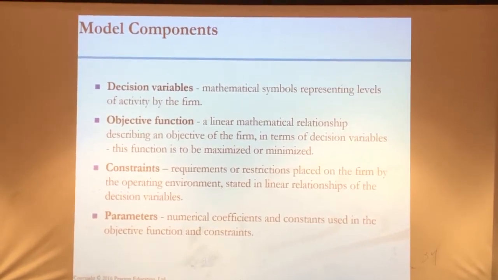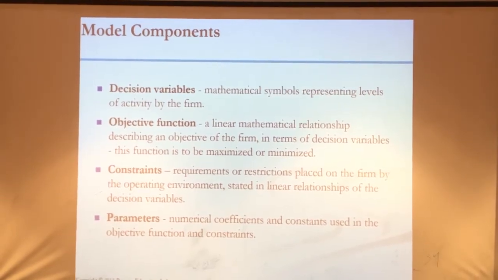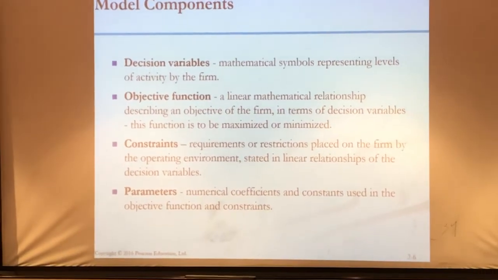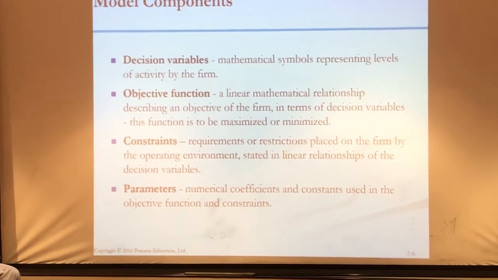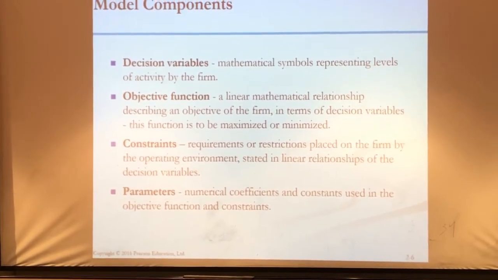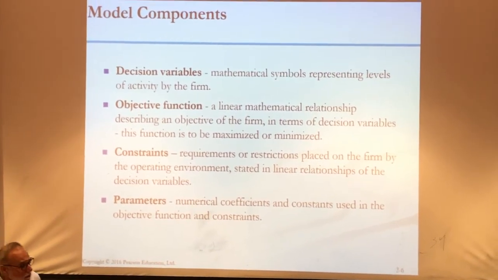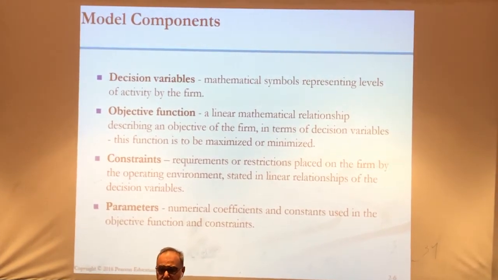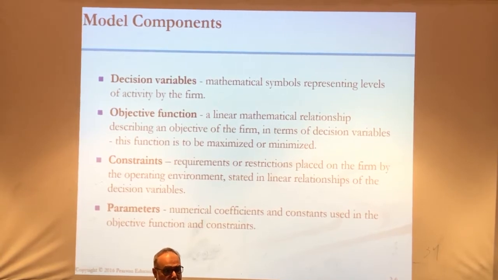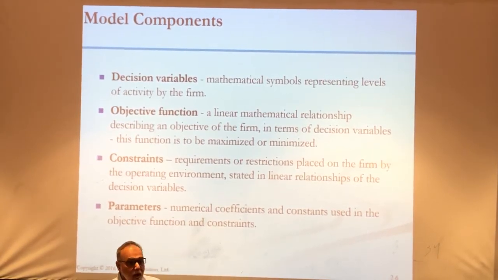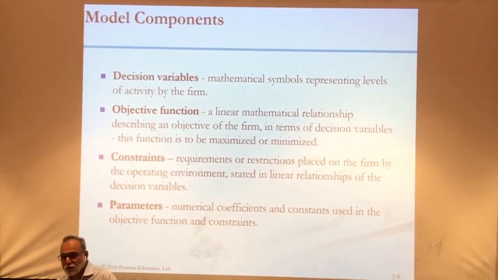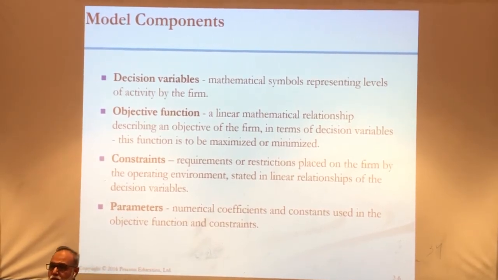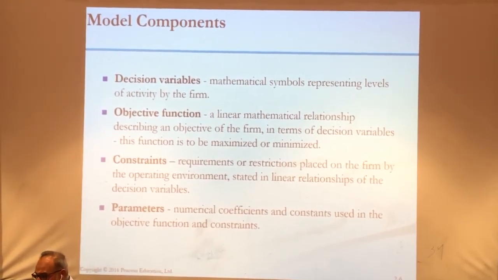And then there will be parameters. These are numerical coefficients and constants used in the objective function and constraints. For example, we will see an example, a company is making furniture, tables and chairs. The decision variables will be how many tables to make and how many chairs to make to maximize the profit.